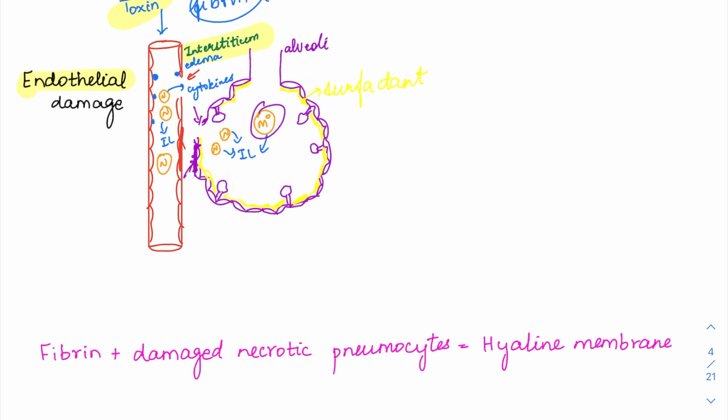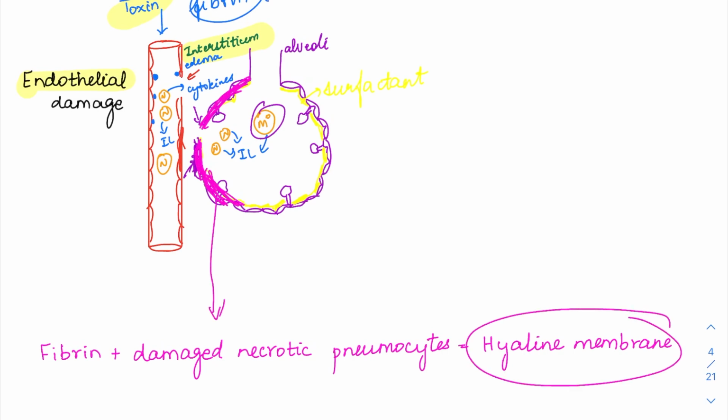So all of this is ultimately going to cause the damage of the alveolar wall. So when this is happening, there is formation of a pinkish material here on this layer. This pinkish material is nothing but fibrin. So fibrin, which was derived from the coagulation cascade, along with the damaged necrotic pneumocytes and the inflammatory debris. So all of this together is going to form the hyaline membrane.